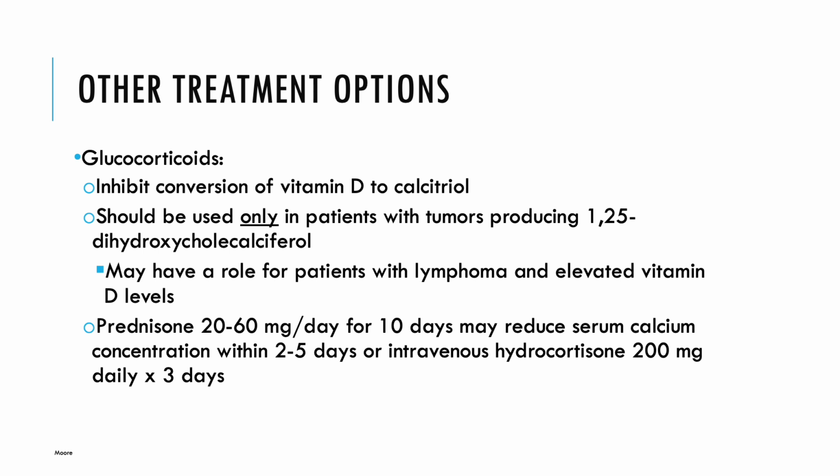An example of this would be prednisone 20 to 60 milligram per day for 10 days. That could reduce the serum calcium concentration within about 2 to 5 days, or we could do IV hydrocortisone 200 milligrams daily times 3 days. With this, you'll also need to be careful to watch for tumor lysis syndrome in these patients that are undergoing treatment with steroids.